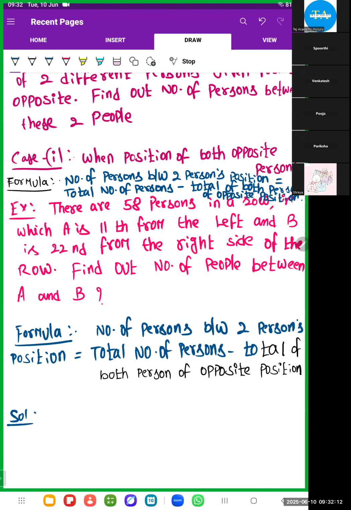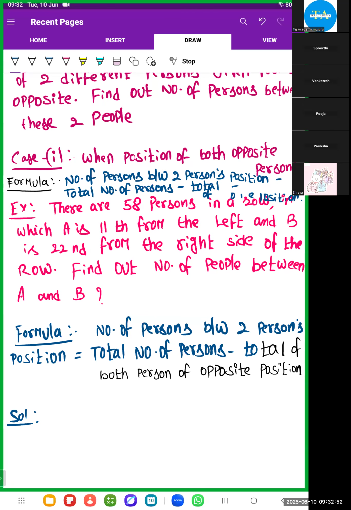Okay, so in this question, how many persons are there? 58 persons in a row. A is 11th from the left and B is 22nd from the right side of the row.